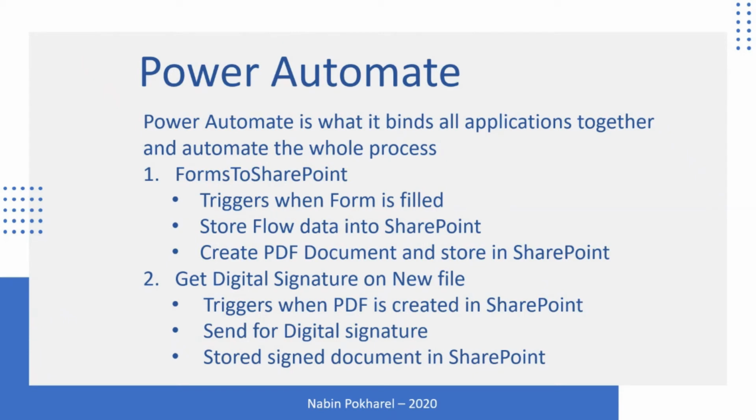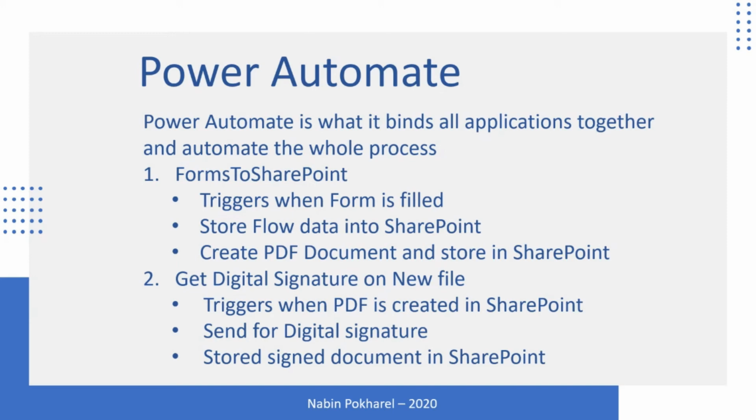Okay, next, let's go deep into Power Automate. Power Automate is what binds all applications together and gives a whole solution, basically automating the whole process. I have used two Power Automate flows for this solution. The first one is forms to SharePoint.